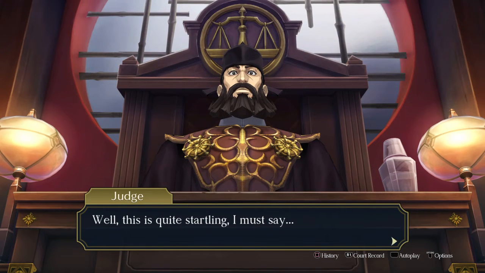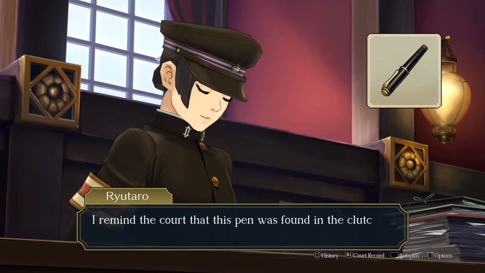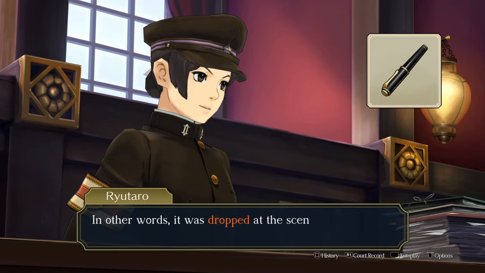Well, this is quite startling, I must say. I remind the court that this pen was found in the clutches of the victim when she died. In other words, it was dropped at the scene by Mini-Memo-san.